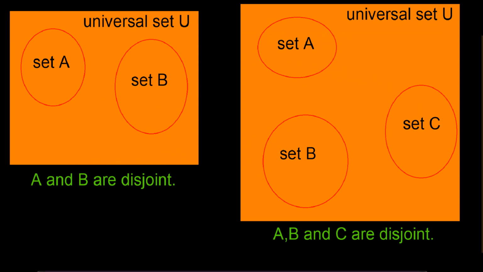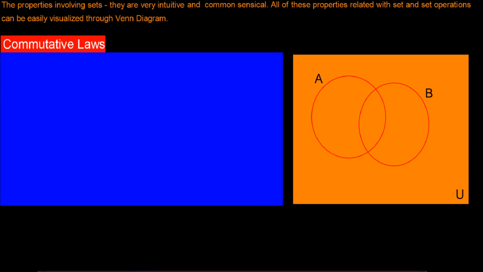Just look at what I have written here. The properties involving sets are actually very intuitive, because sets are very basic things, and any property that involves sets is very intuitive and commonsensical.